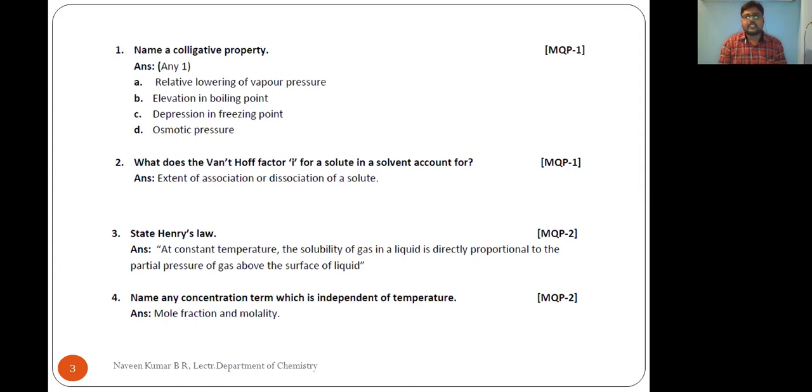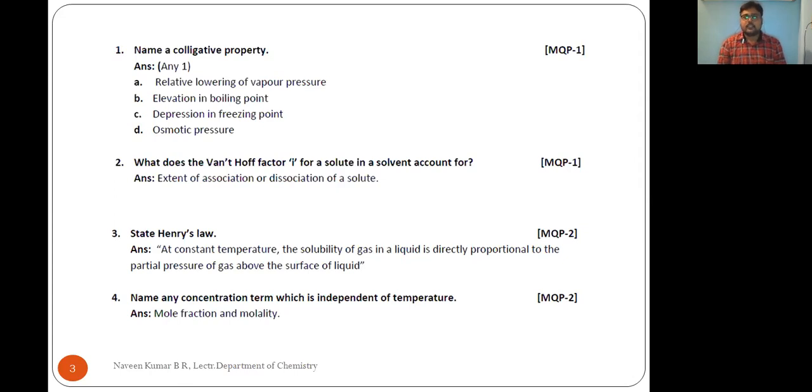Now state Henry's law. So we know that the solubility of a gas in a liquid is directly proportional to the partial pressure of the gas present above the surface of the liquid. So this is the information given from the statement of Henry's law. So Henry's law can be stated in 2 ways that we discussed. Either you can use the word solubility, or instead of solubility you can use mole fraction term to express the concentration.